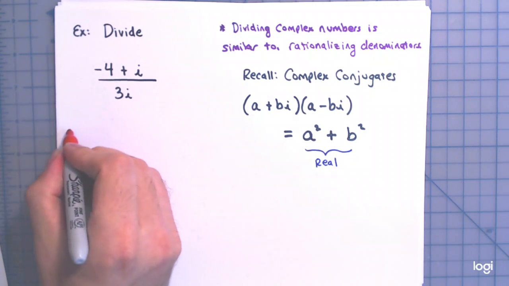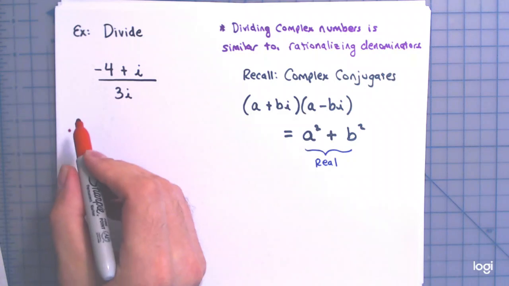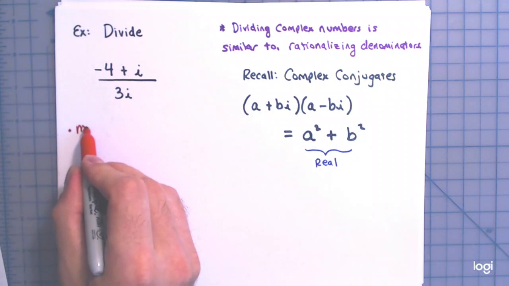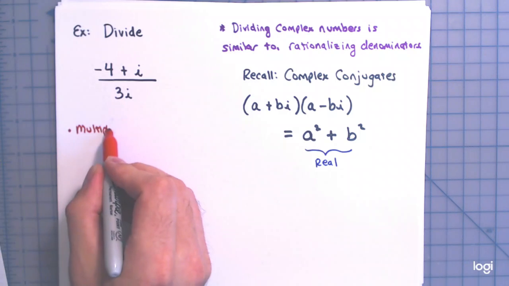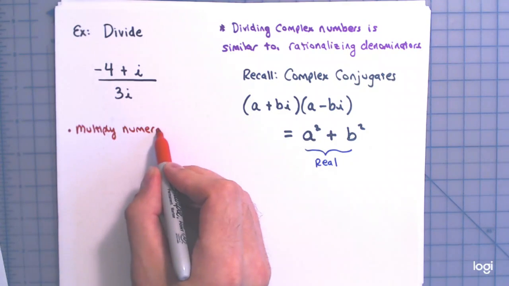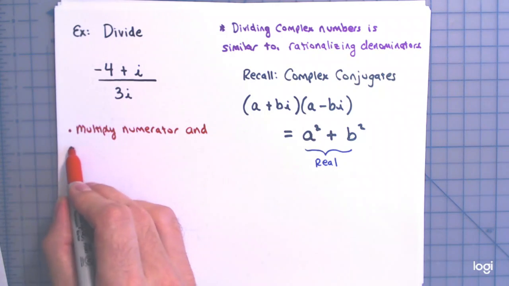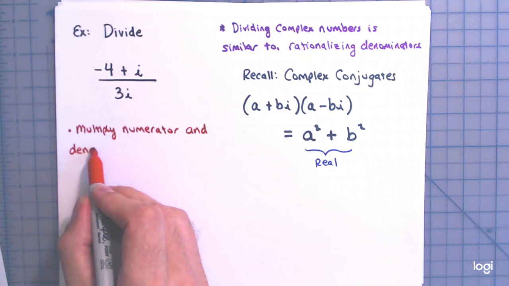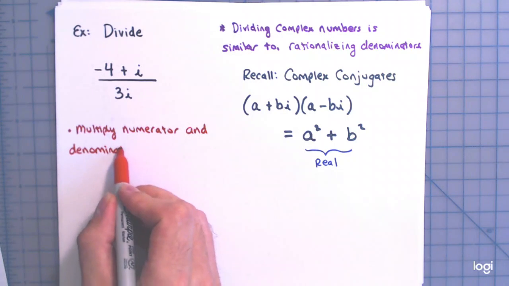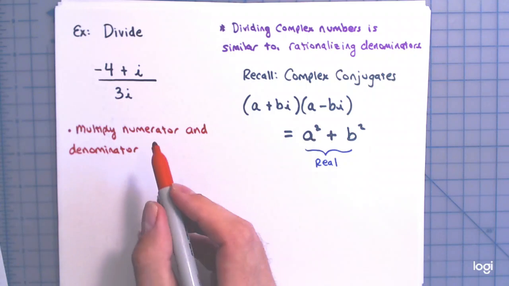And what we're going to do is, again, very similar to when we were rationalizing denominators in a previous video. I'm going to multiply the numerator and denominator, because what you do to the numerator you have to do to the denominator, so that way it's like you're multiplying by 1 and not actually changing the value of the expression.